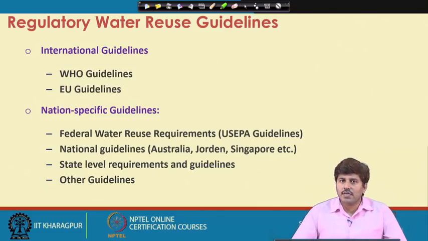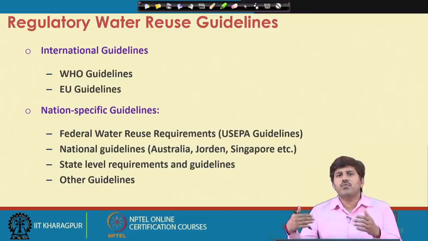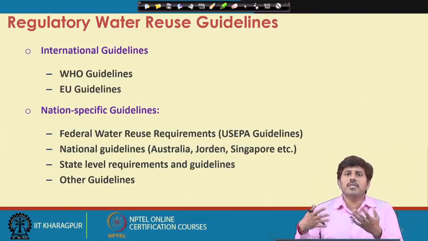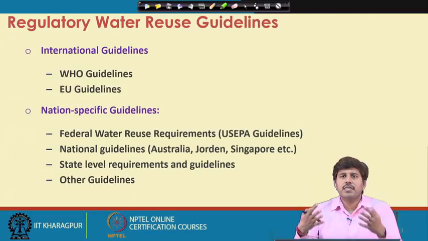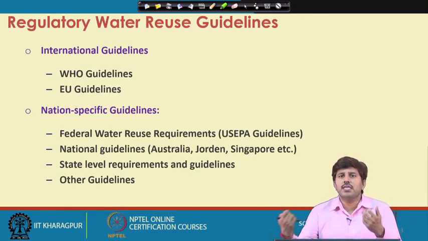There are state level requirements and guidelines also in the various states of a nation. Like in Australia we have guidelines from Victoria, guidelines from South Australia. In the US, California has its own guidelines. So, there is variety, like the different states could have their own requirements, their own recommendations and their own guidelines, because water is a state subject.